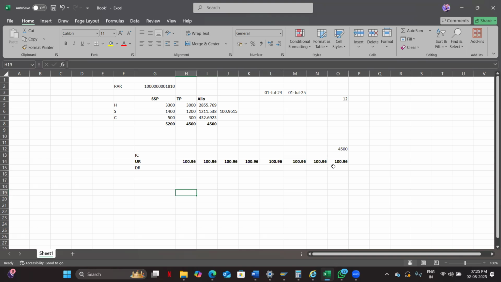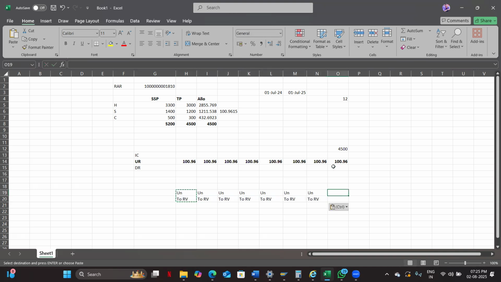Per month the entry is unbilled account to RV account, and that continues till customer payment.